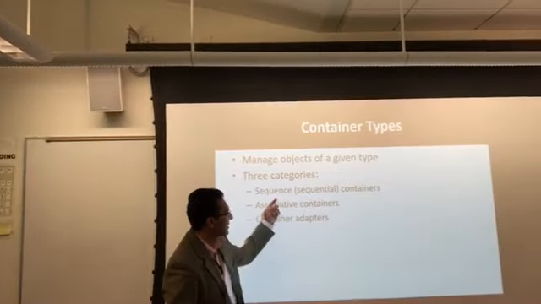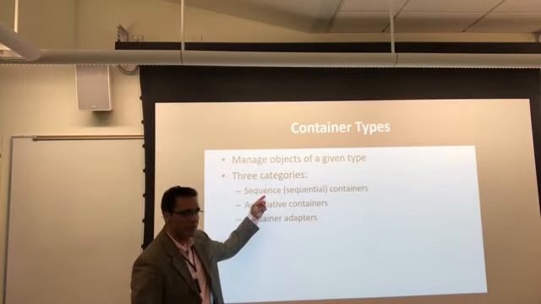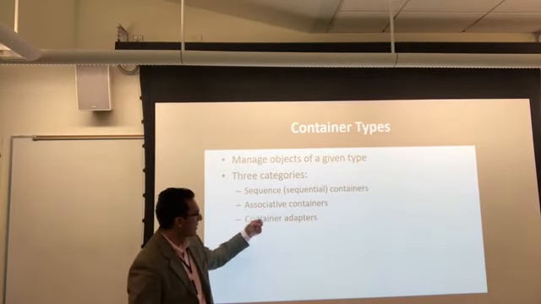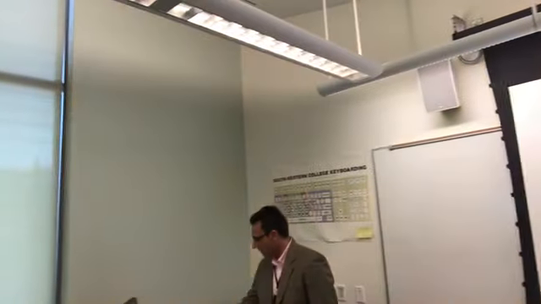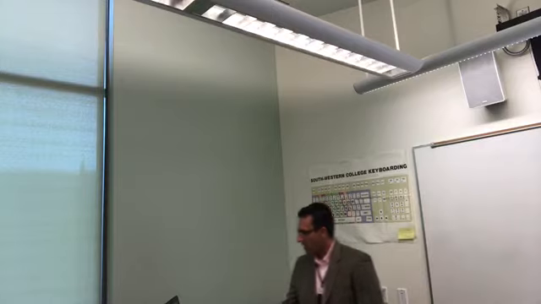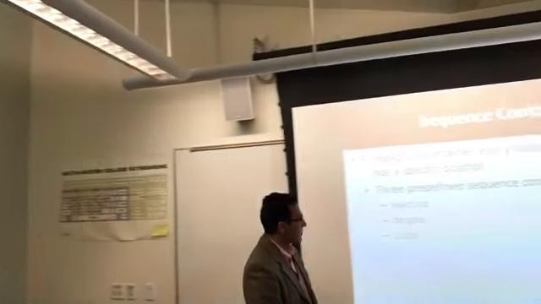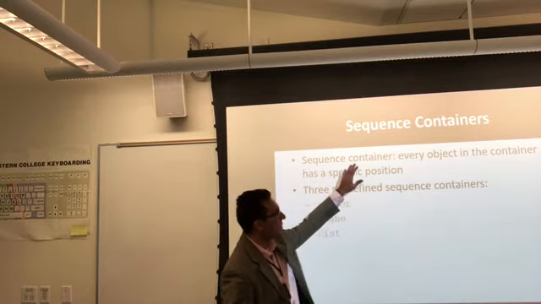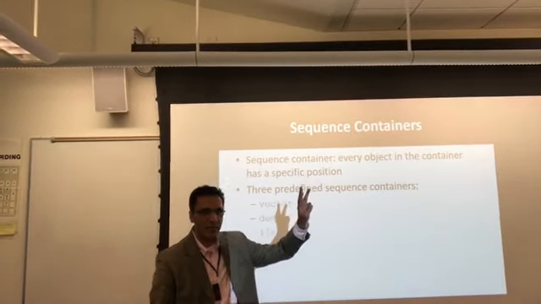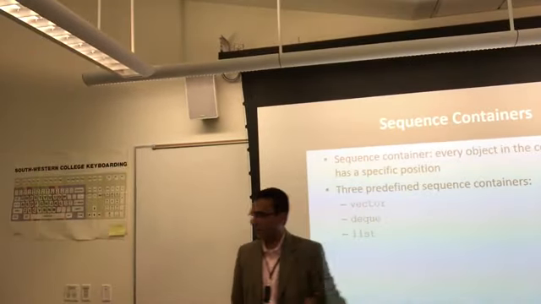So containers manage objects of a given type, in three categories: sequence containers, associative containers, and container adapters. So these are the three types of containers available. And in sequence containers, we have vectors, deque, and lists. So this is under sequence containers. Remember, we have containers, algorithms, and iterators.